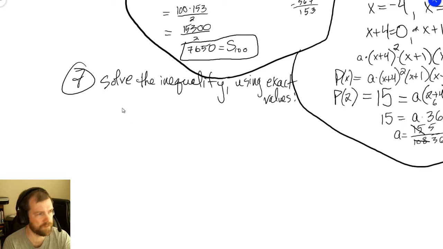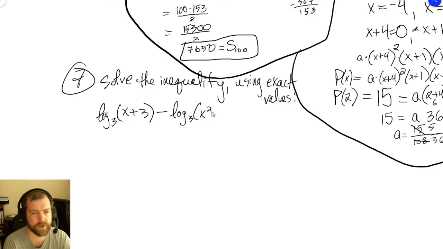Solve the following inequality using exact values. Log base 3 of x plus 3 minus log base 3 of x squared minus 1 greater than or equal to 1.